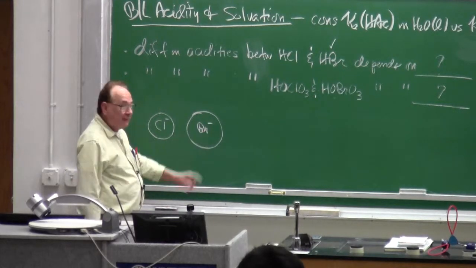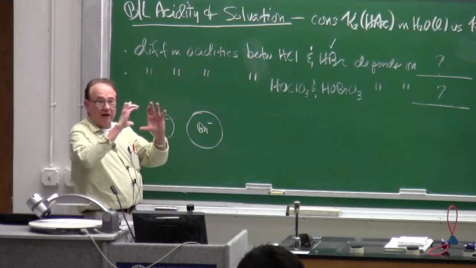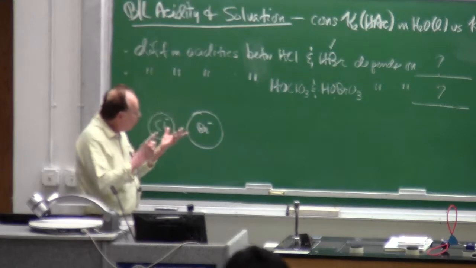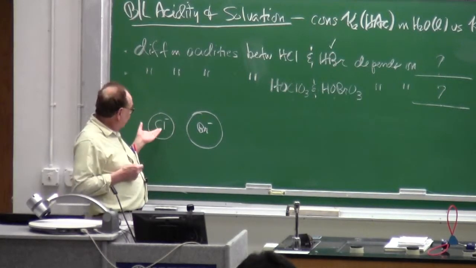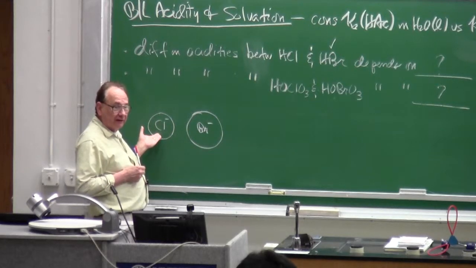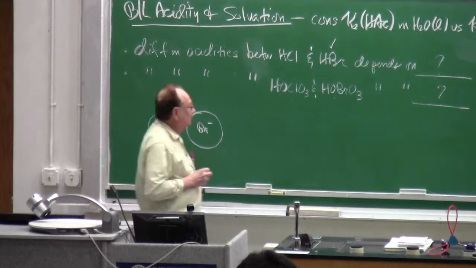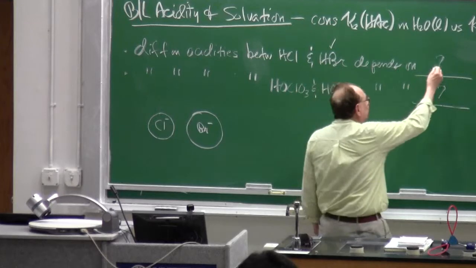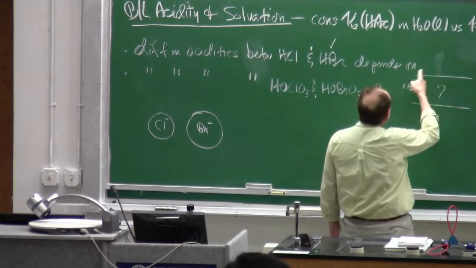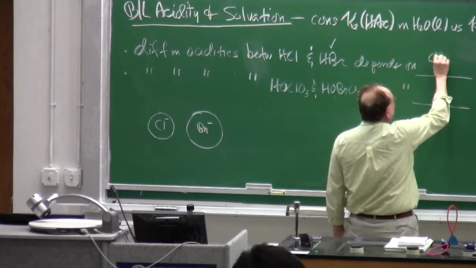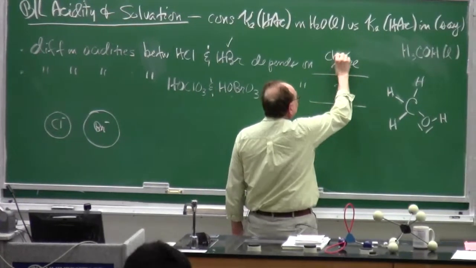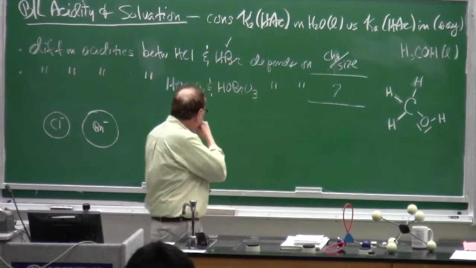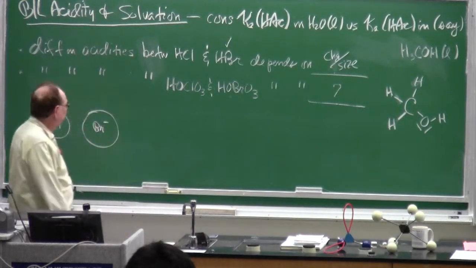Because if I smear a minus charge over a large surface versus smearing, again, 1 unit of minus charge over a much smaller surface, hey, here the negative charge is far more concentrated based on charge to size ratio. So you can write depends on size, or if you wish, charge to size ratio. We've done that. Now back to these two.